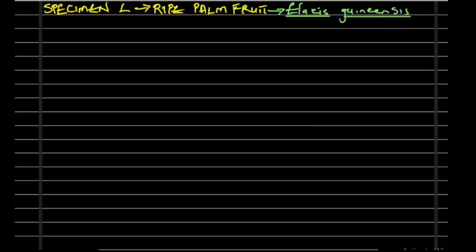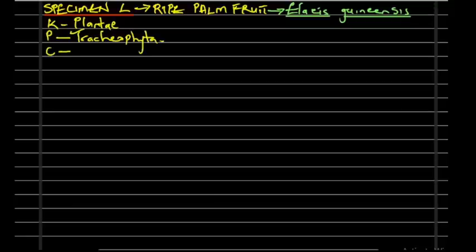So let us try to understand a whole lot that you need to know about the palm fruit. Looking at the classification first, it belongs to the Plantae, also a Tracheophyta. The class there is Angiospermae.